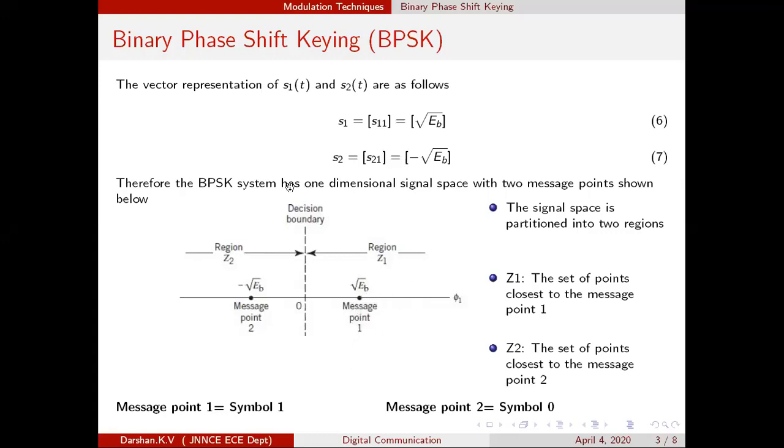If the received signal falls in region Z2, the inference is that message point 2, symbol 0, might be transmitted, or S2 of t, or vector S2. You should know this carefully. While discussing further, I am going to show this diagram in the next 2 slides also, so that you may not forget.